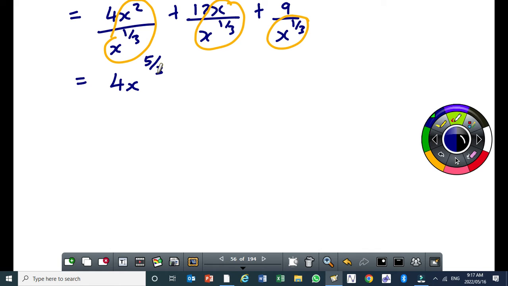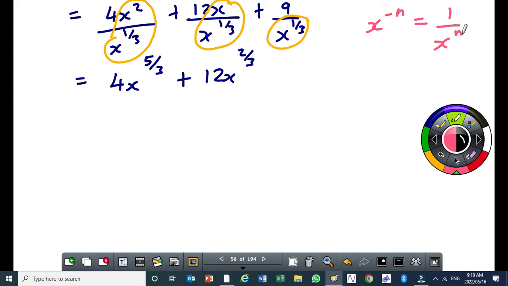You can use a calculator if you can't do it mentally. Then here, in 12x, the x has an exponent of 1. So 1 minus a third gives you 2 over 3, so you get 12x to the power of 2 over 3. Then, to simplify the x to the power of a third in the denominator, we use this exponential law: x to the power of negative n is equal to 1 divided by x to the power of positive n.